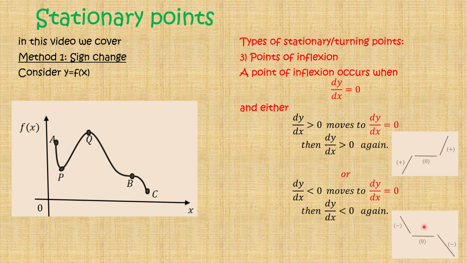So these are known as points of inflection. Right, so for instance, point B on the left-hand graph is a point of inflection. QB would have a gradient that is negative, and from BC we also have the gradient that is negative, but at point B the gradient is equal to 0.